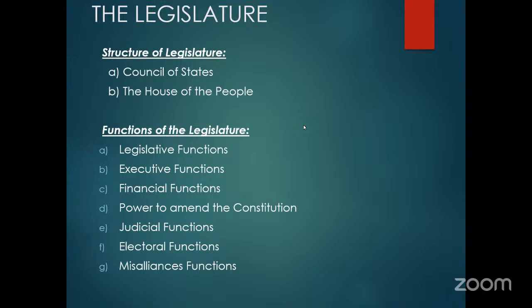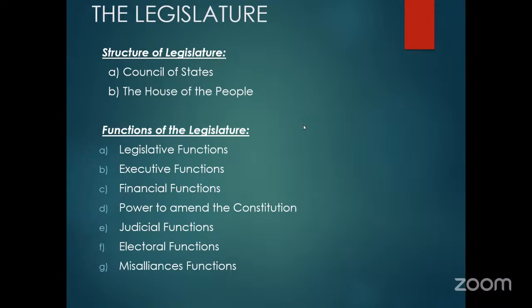Next, all these members will enjoy the confidence as long as they enjoy the majority in the Lok Sabha. If there is a majority only, they will enjoy the confidence. Otherwise, a no confidence motion will arise and dissolution of the Lok Sabha will take place. It is one of the main executive functions of the legislature.